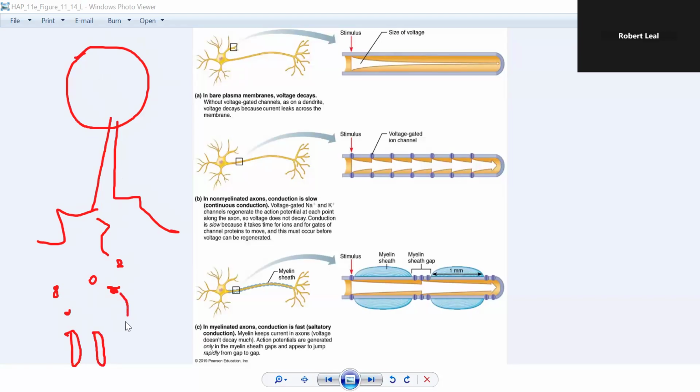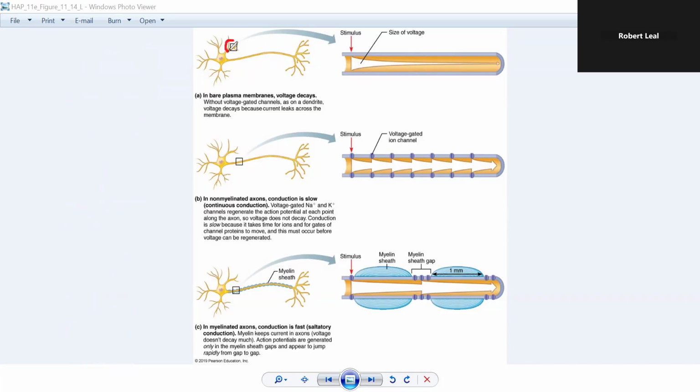Remember that the chemical has to fit perfectly on a receptor region to open the channel. If it's for sodium, sodium comes in. Sodium has a positive charge. That means the target's becoming excited. It's becoming depolarized.